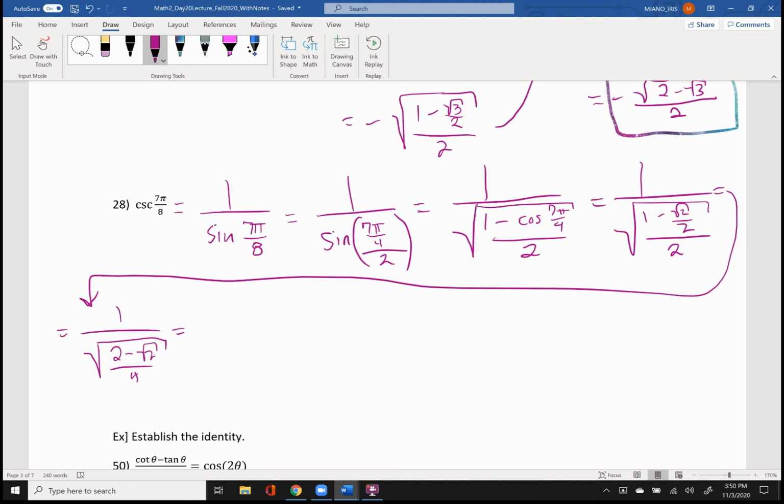Oh, we flip it over. 1 over the radical. So what did I do? Oh, I did a rationalize the denominator thing. So I said that we have a 2 minus root 2 over 4.